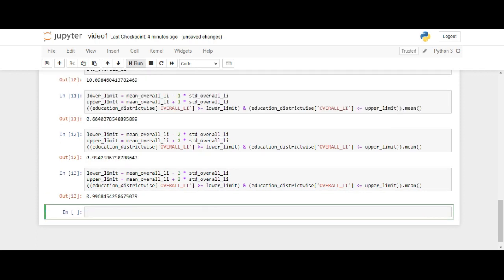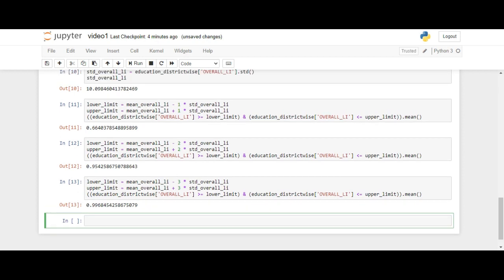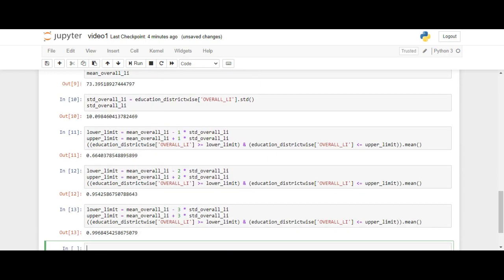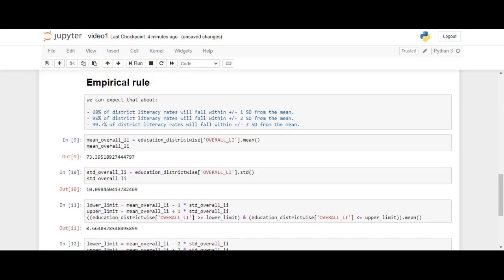So, as you can see, about 0.954 or 95.4% of our values fall within 2 standard deviations of the mean, and about 0.996 or 99.6% of our values fall within 3 standard deviations of the mean.